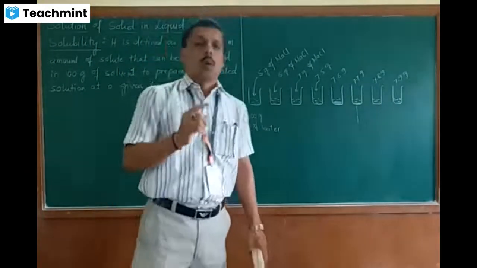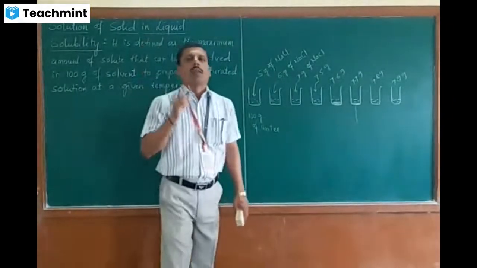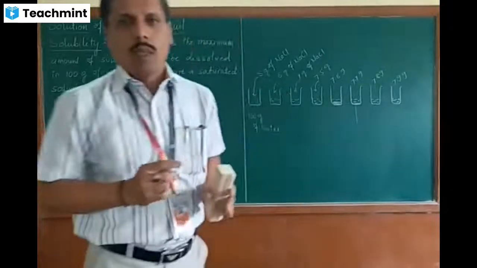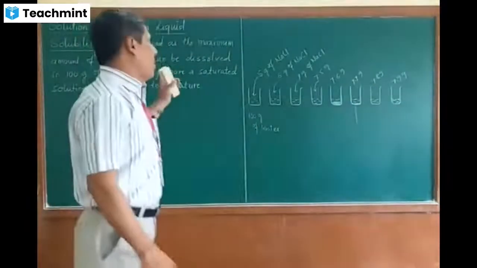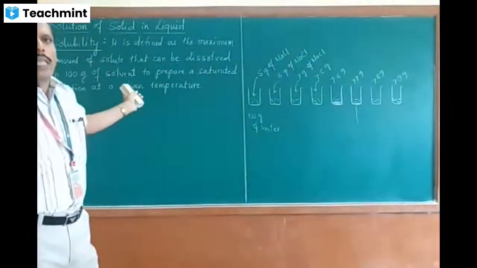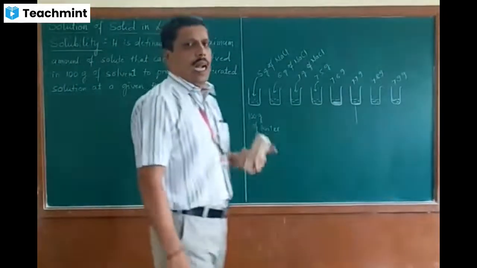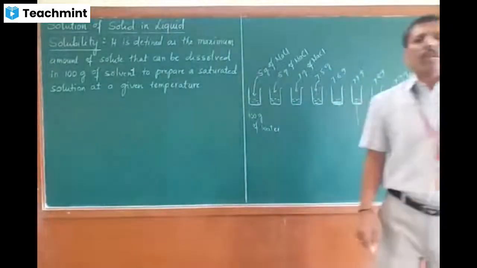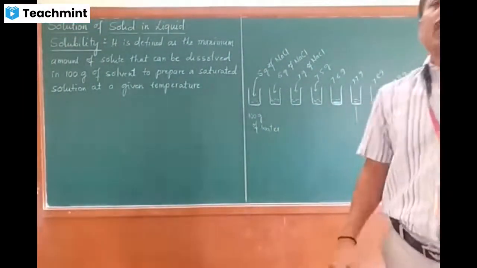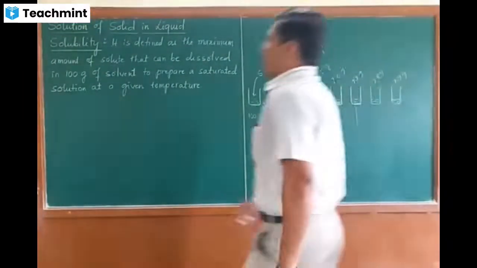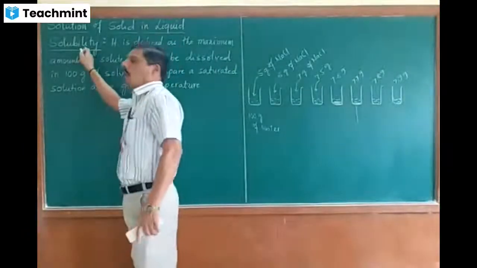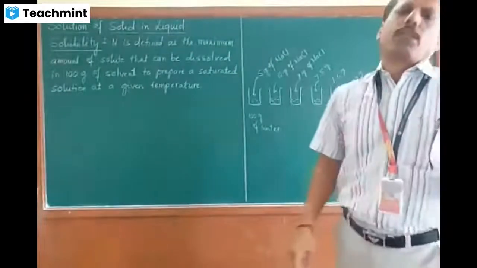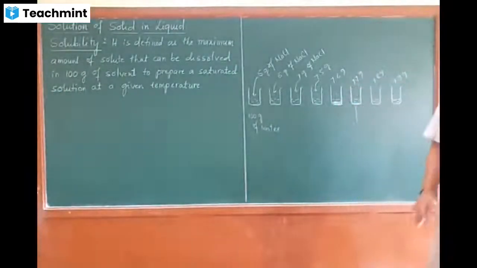So, the maximum amount of solute that can be dissolved in 100 gram of liquid solvent to prepare a saturated solution at a given temperature is called solubility of solid in liquid. Is it clear? The definition may be asked for 1 mark.